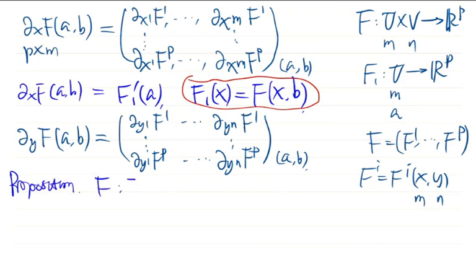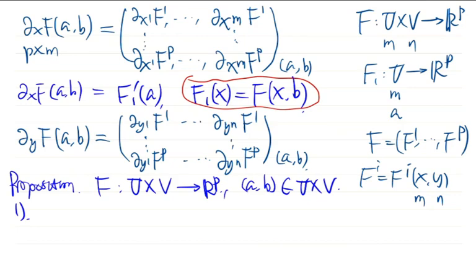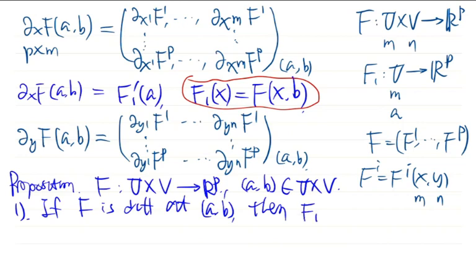F is a map from the cross product to R^p, and (a, b) is a point in U × V. Then the first result is that if F is differentiable at the point (a, b), then our F1 and F2 are differentiable.